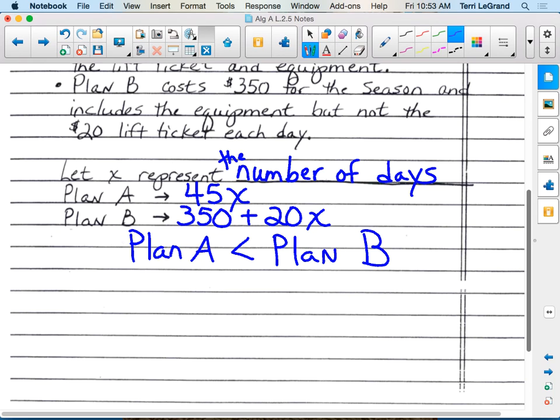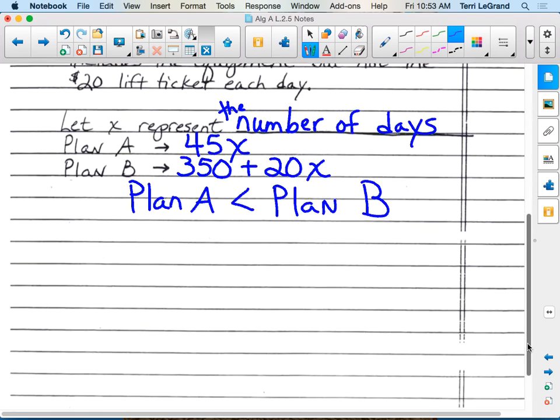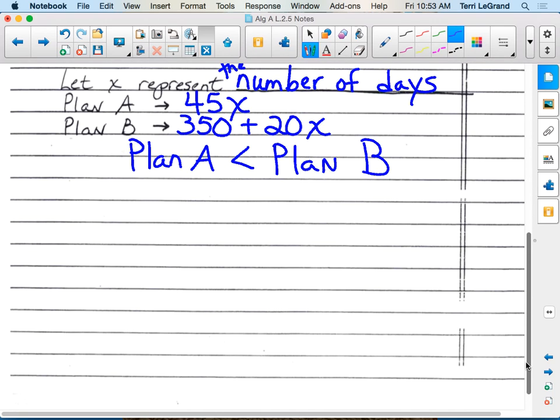That's what they wanted us to determine. How many days can you go skiing and Plan A will still cost you less than Plan B? Okay, so we'll substitute 45X for Plan A, because that's what we said Plan A is. We'll substitute 350 plus 20X for Plan B.